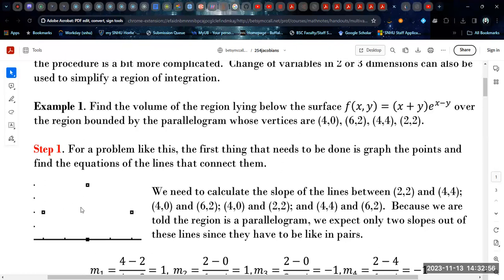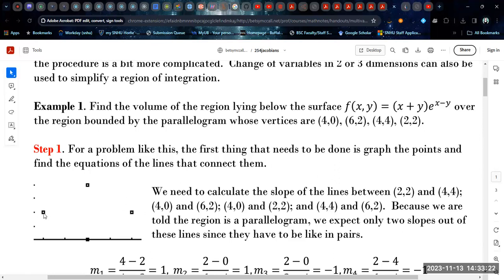Now, the slope here is going to be the same as the slope here because they told us it's a parallelogram. And then the slope here and the slope here are also going to be the same. So it helps to visualize it because that way you know which two sets of slopes are going to be the same, and not calculate, for instance, across the diagonal, because that's not one of the boundary conditions.